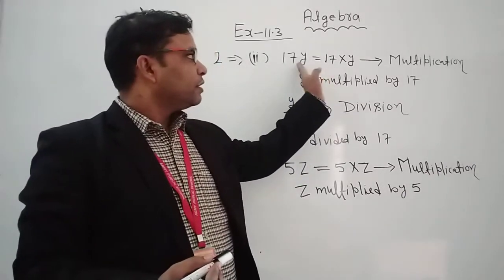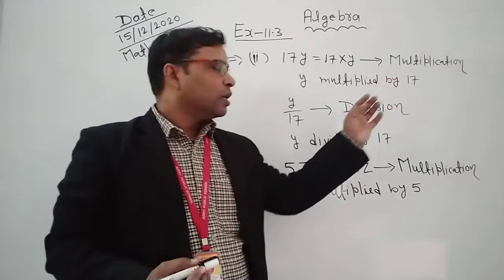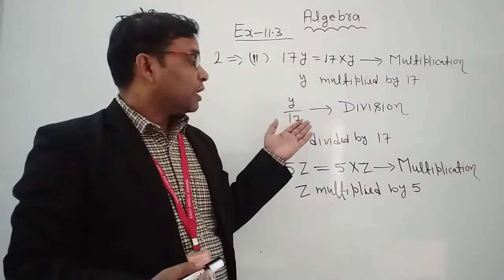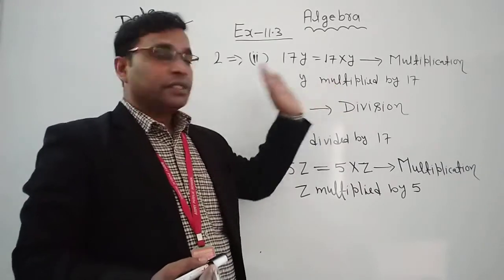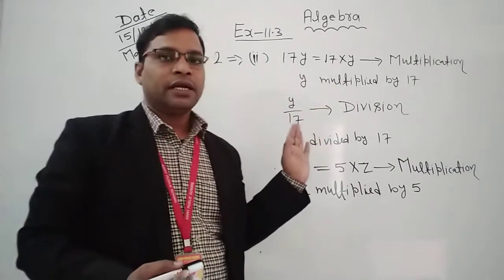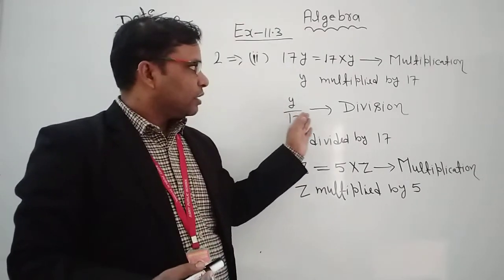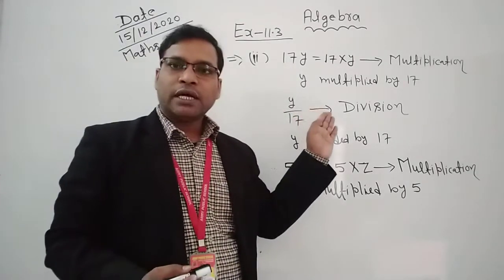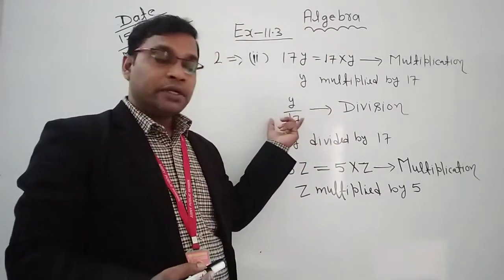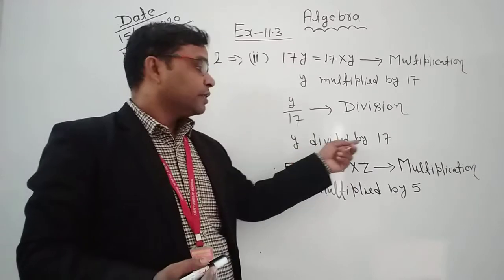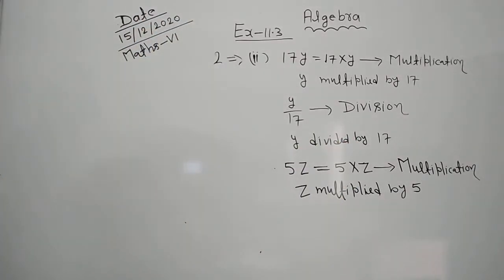It means the operation is multiplication, and the expression has been formed by y multiplied by 17. Clear? Now y by 17. It means division is used here, and the expression is y divided by 17. This is clear.